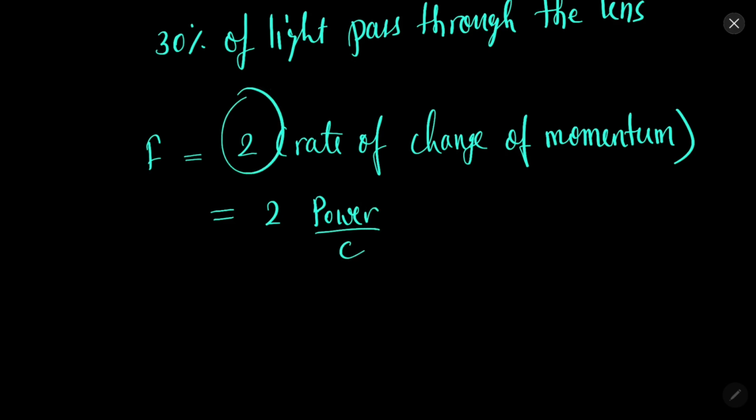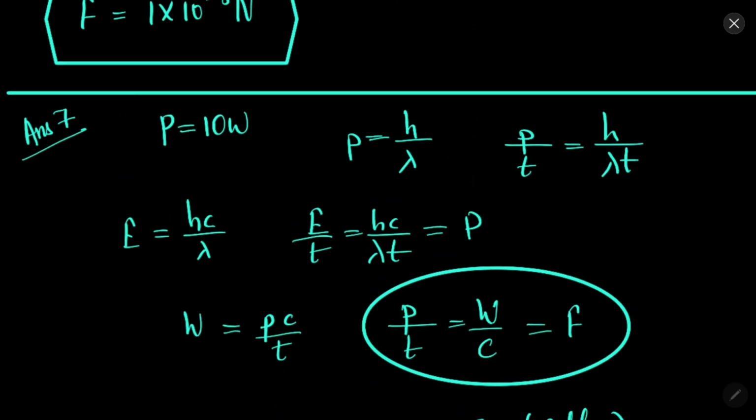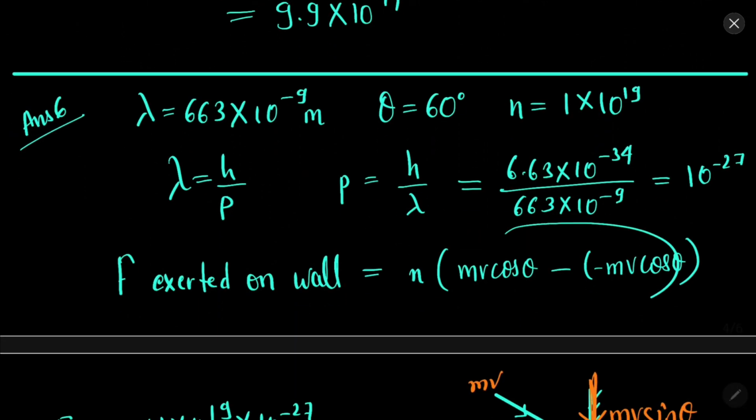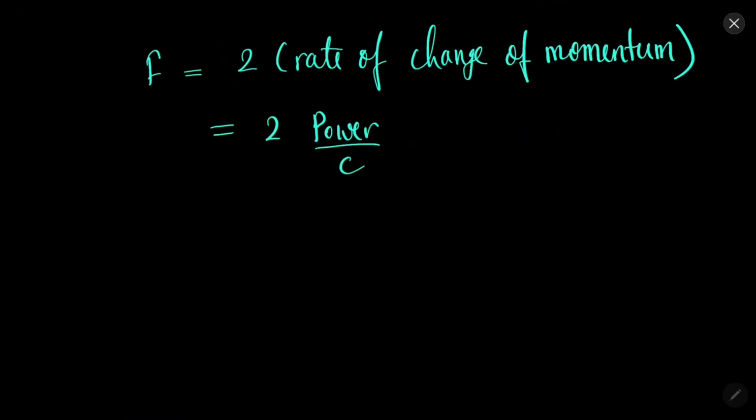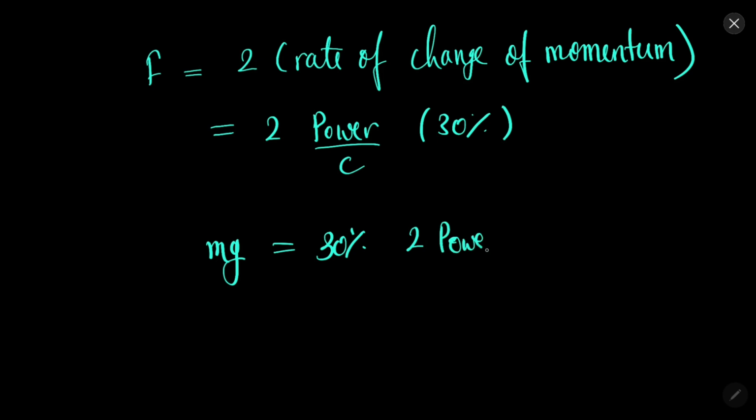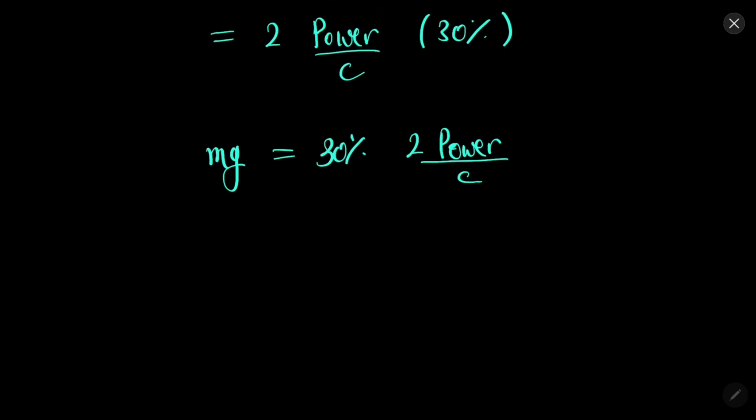See, again twice, because these two factors will get added up just like here, okay. So we need to take 30% of this, so 30% also. So force is mg, weight, 30% of 2 into power over speed of light.